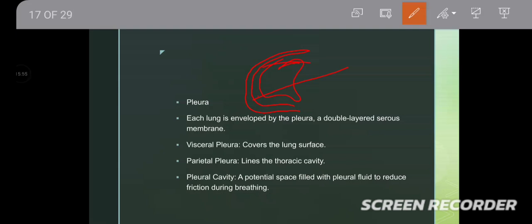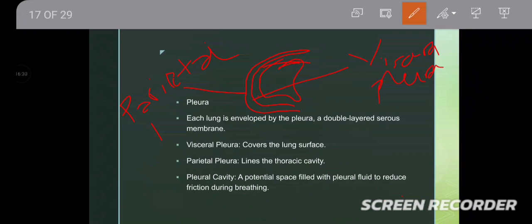The inner aspect is called the visceral pleura, whereas this outer membrane is called the parietal pleura. So the outer membrane is called the parietal pleura, whereas the inner membrane is called the visceral pleura.